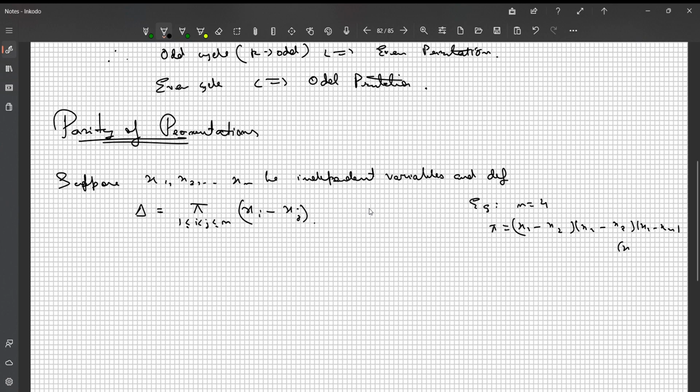So if I give a quick example, suppose n equals 4, then delta is nothing but (x1 minus x2)(x1 minus x3)(x1 minus x4)(x2 minus x3)(x2 minus x4)(x3 minus x4). Clear?